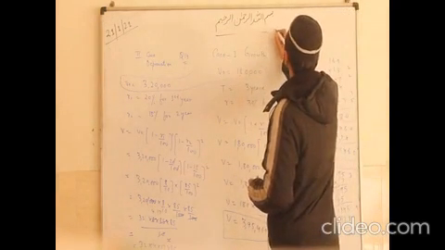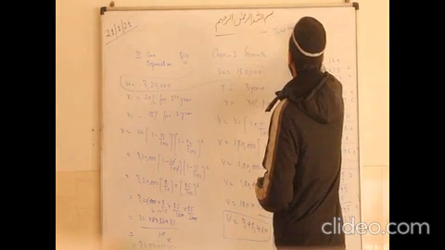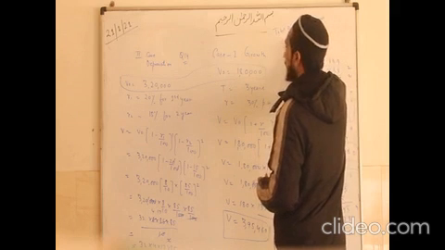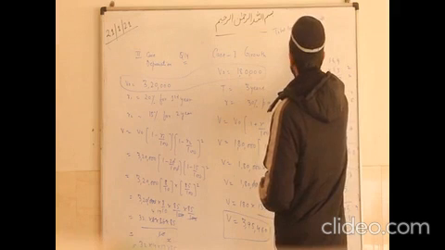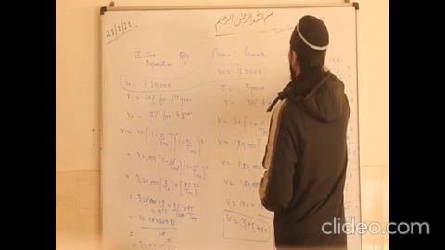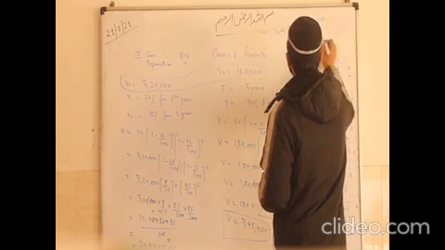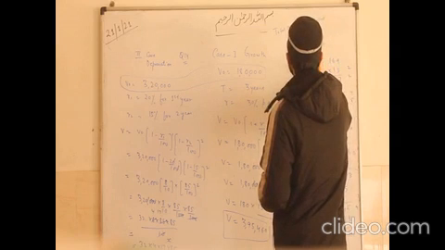So the total amount he invested will be 3,20,000 plus 1,80,000. So it will be 80,000 profit finally, right?